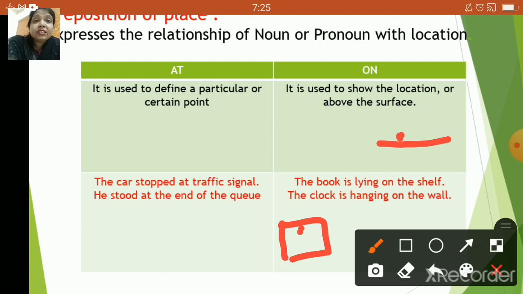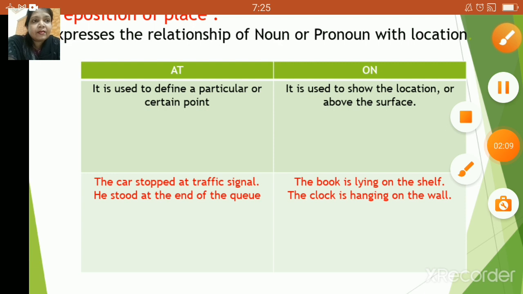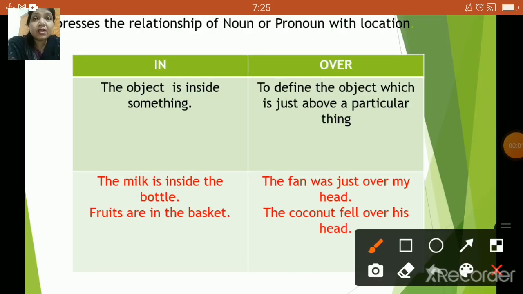So we will further express more preposition of place. Few more examples with regards to preposition of place, children, is in, over. Now you have to use in when the object is inside something. Okay, inside something.